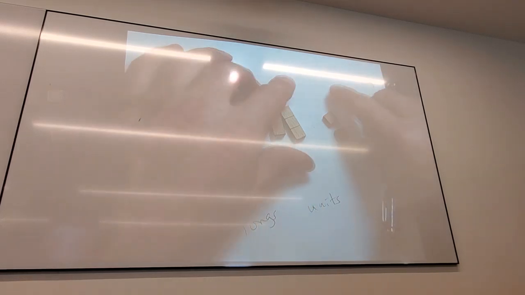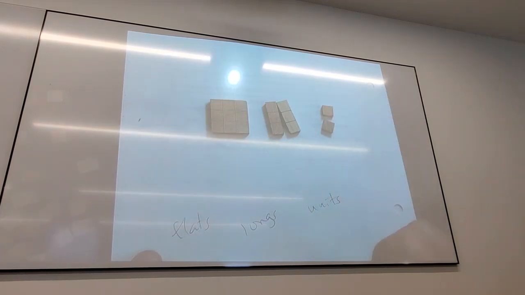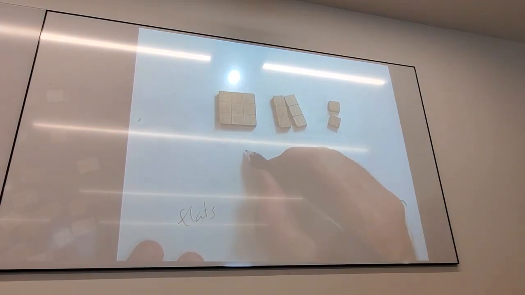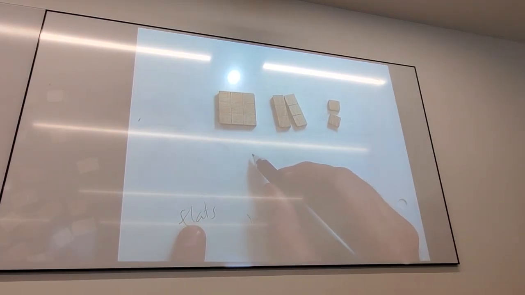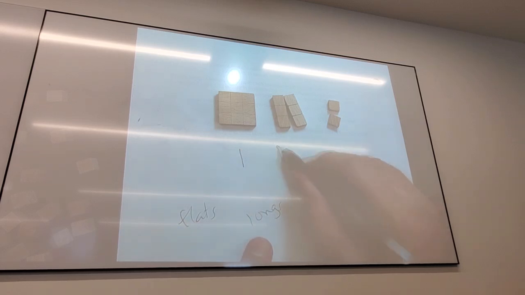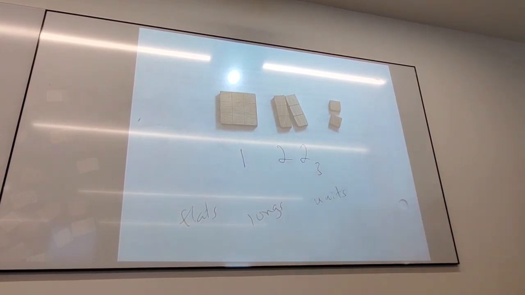What would this number be in base 3 though? How many flats? 1. How many longs? 2. How many units? 2. This is 122 base 3. It's the same thing as 17 base 10. You guys with me? We're doing the extra step of translating to our system, but they would just be getting used to our system directly. They'd be using base 10 pieces.